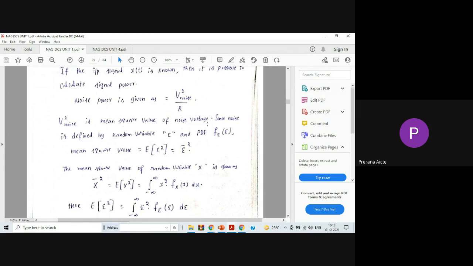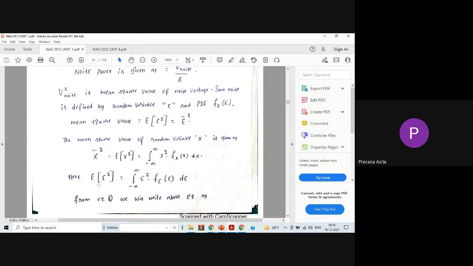Because we said epsilon is a quantization error, which is a random variable. Since noise is defined by the random variable epsilon, the probability density function of this random variable is given by f epsilon of epsilon. So the mean square value is nothing but epsilon square.